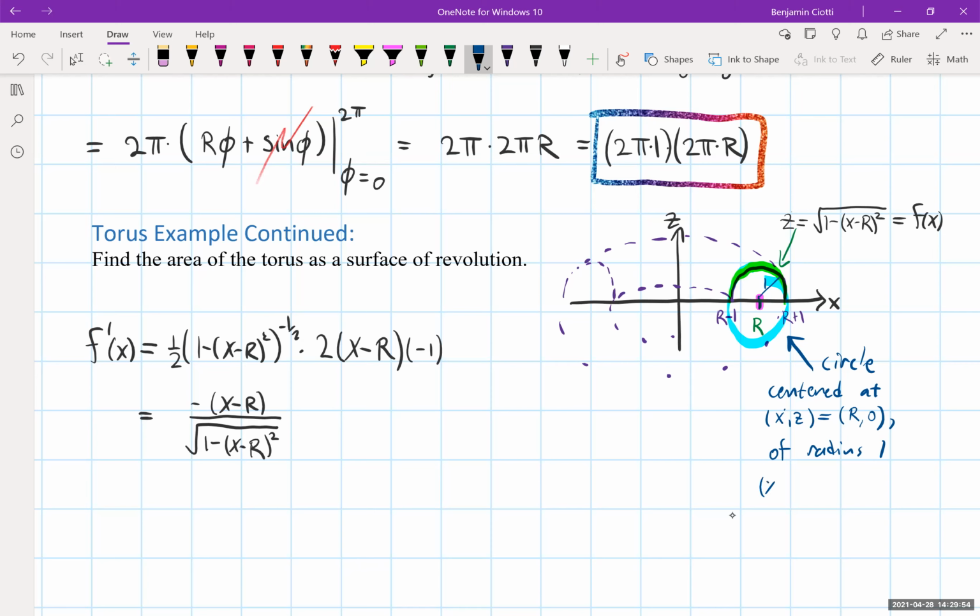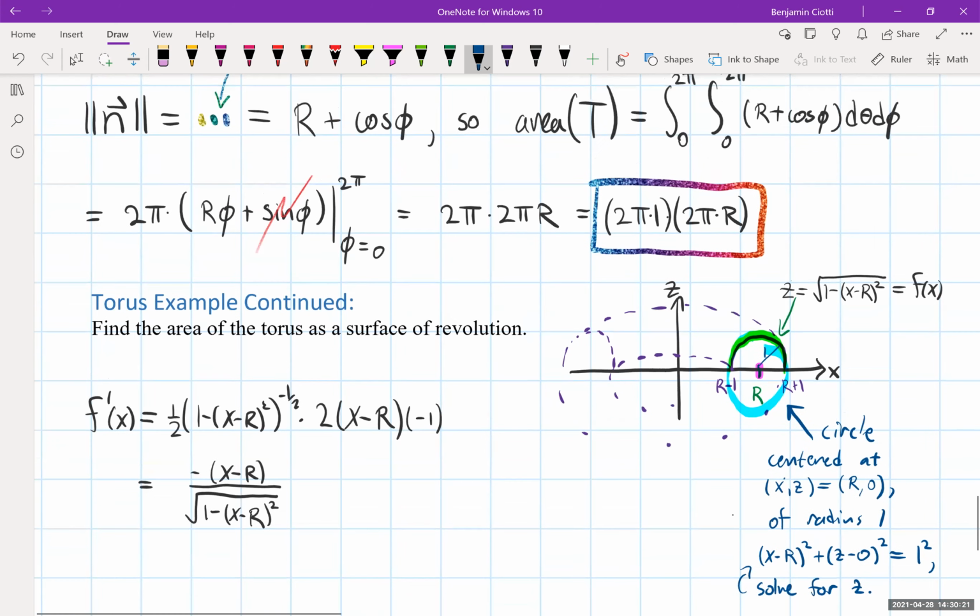And that formula is (x minus r) squared plus, in this case, (z minus 0) squared equals 1 squared. And then I solve that for z to get the top half. Cool. Okay.